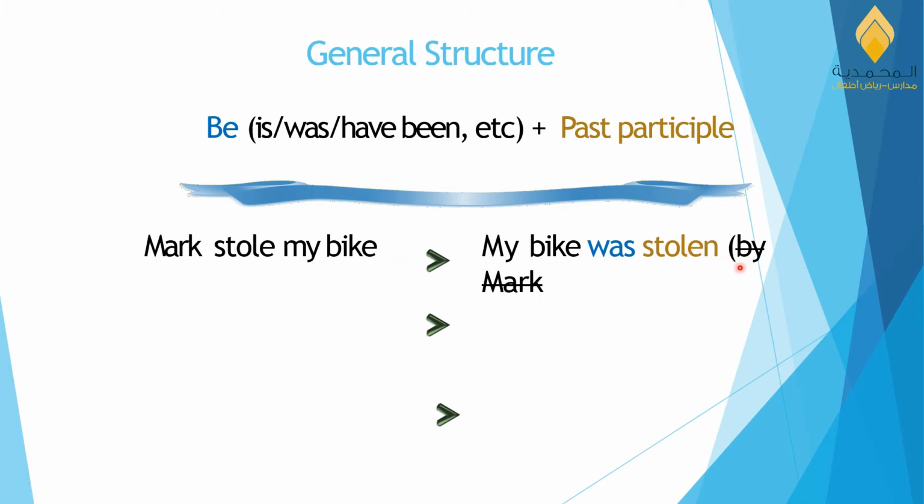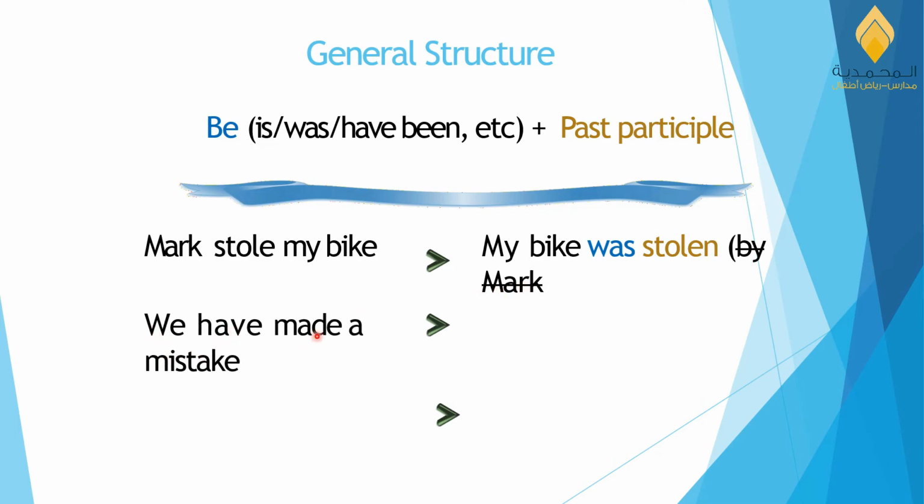As I told you before, by Mark, you could either keep it or you could delete it, because I'm not interested in who stole it. I'm just talking about the action, or just drawing attention that my bike was the thing that was stolen. I don't care who did it. Another example.